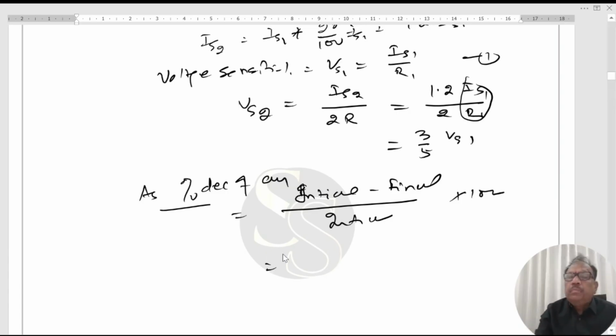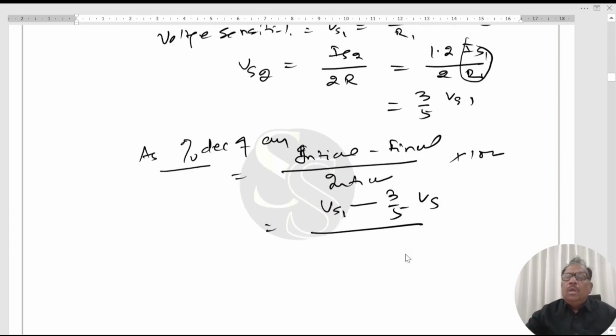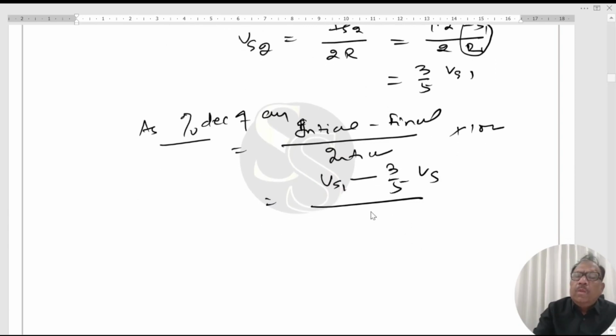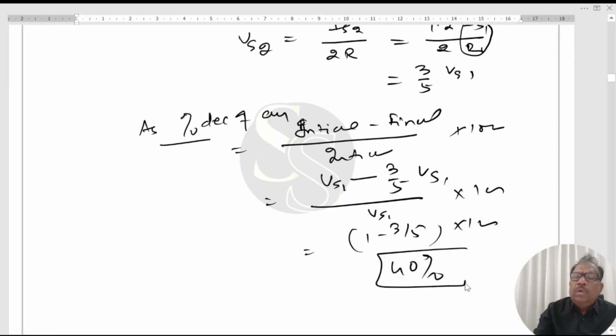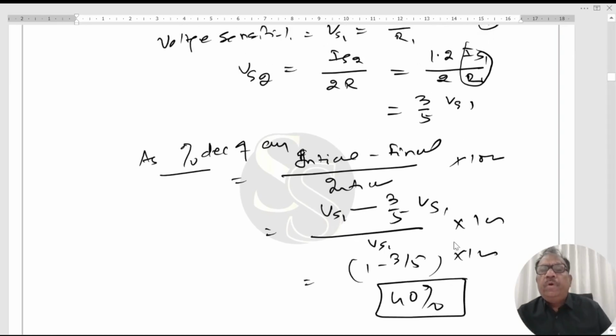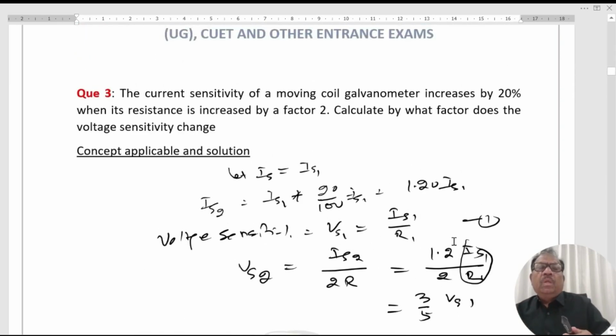Initial is Vs1 minus 3 by 5 Vs1 upon Vs1, multiplied by 100. So 1 minus 3 by 5, into 100, comes to 40%. So the decrease will be 40%.